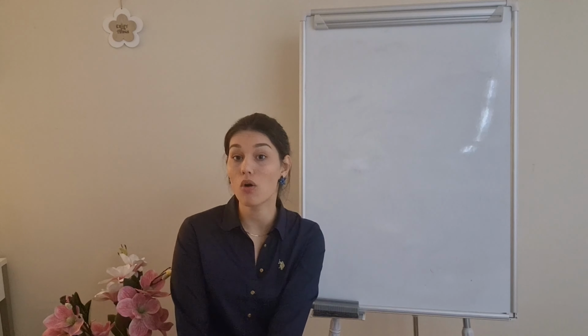Okay, and the last question will be, woher kommst du? What does that mean? That means, where do you come from? Now you can try to answer me once again. The right answer will be, ich komme aus. Once again, Frankreich, Italien, USA, Russland, and other countries.